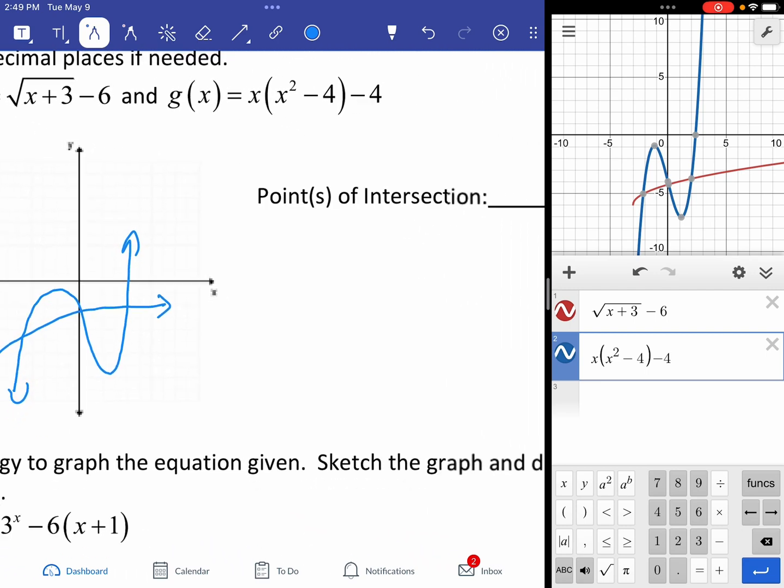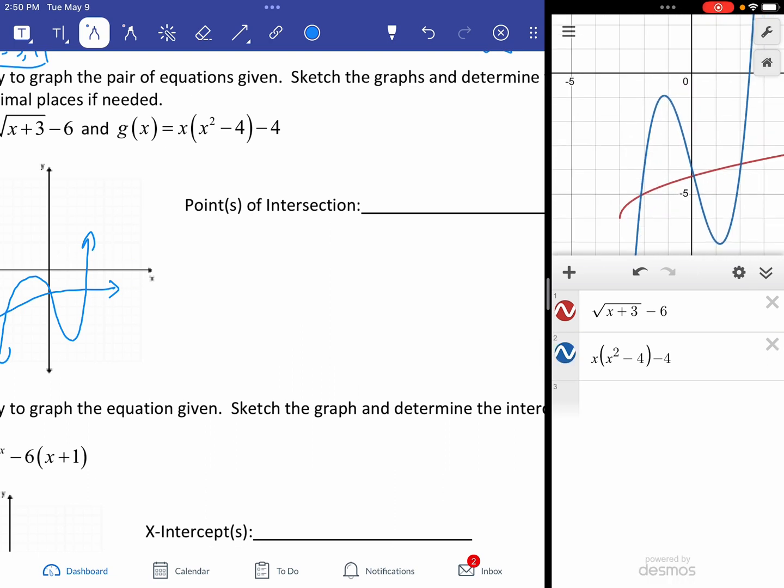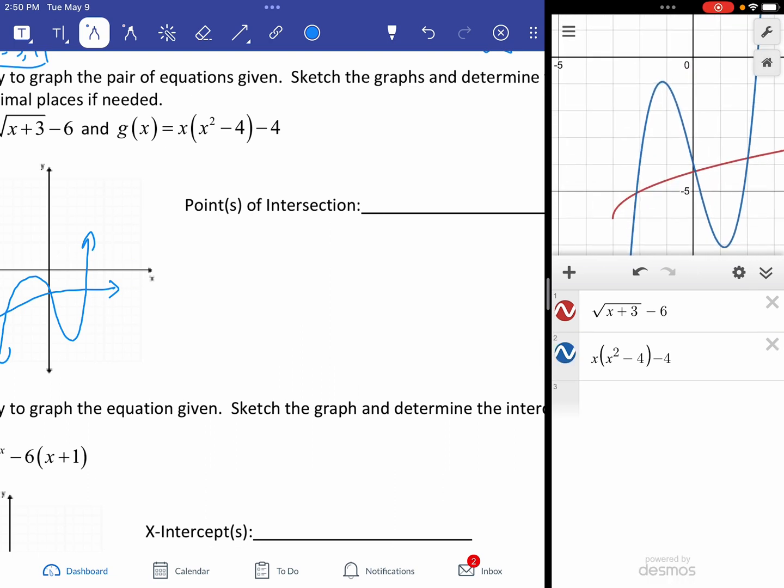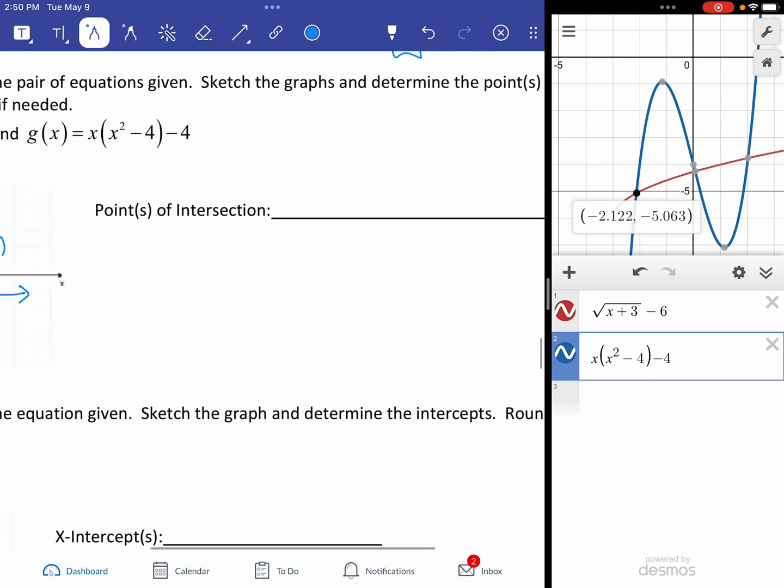Now we're going to find the points of intersection. There's actually 3 points of intersection, so we've got to find them all. So here's the first one. I have negative 2.122, comma, negative 5.063.